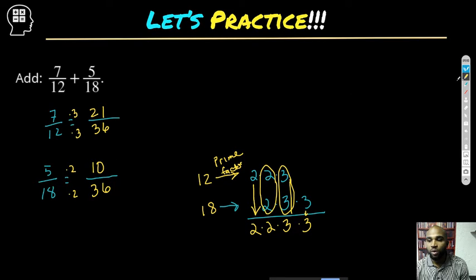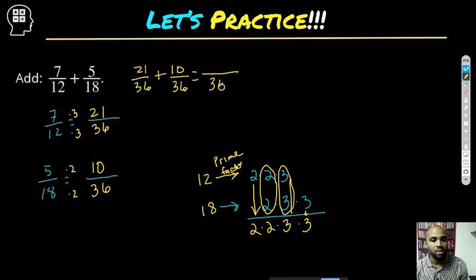So now we can rewrite our expression here. Instead of 7/12, we're going to write 21 over 36 plus, instead of 5/18, we're going to write our new fraction, the equivalent fraction of 10 over 36. And this is so much easier to do because we have like denominators and it's easy to add those.